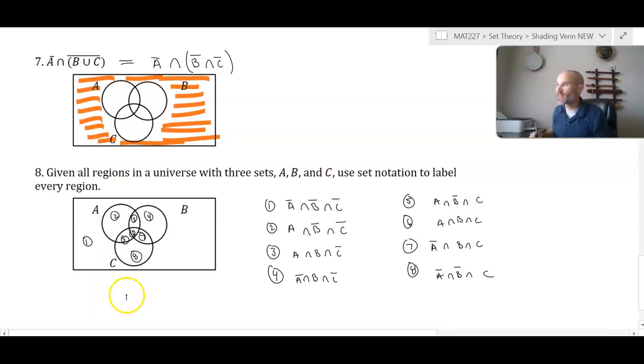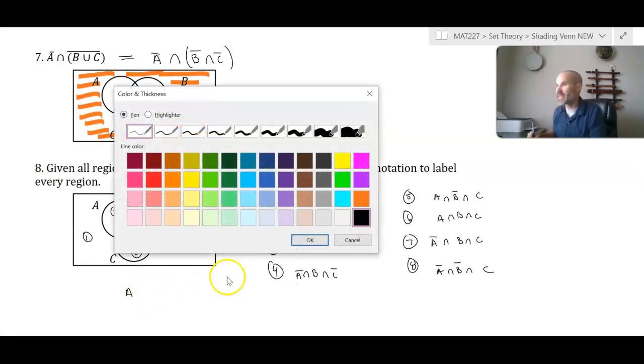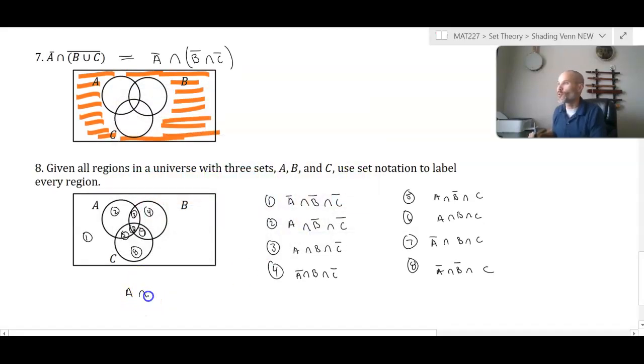If we said something like A intersection B, well, then we have to ignore set C as if it weren't even there. So A intersection B would be regions 3 and 6, right? Because we're not saying in this statement whether a student is in chemistry or is not in chemistry.